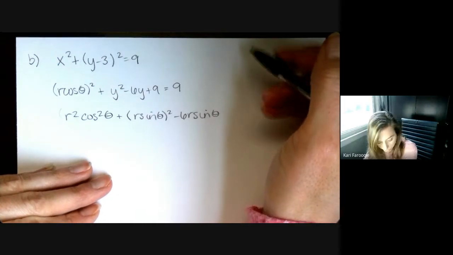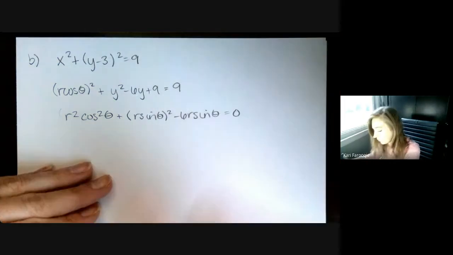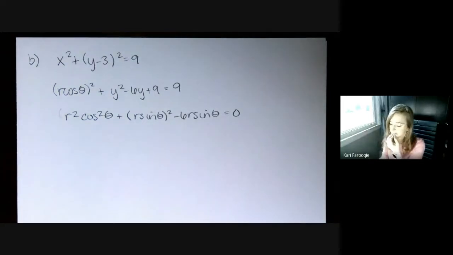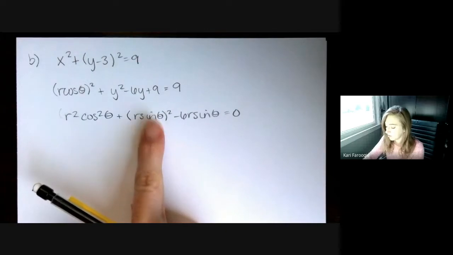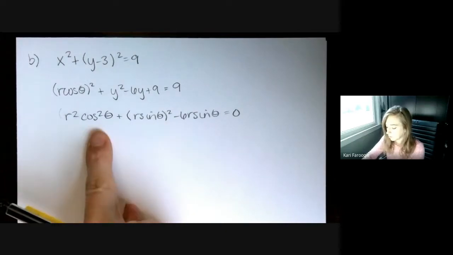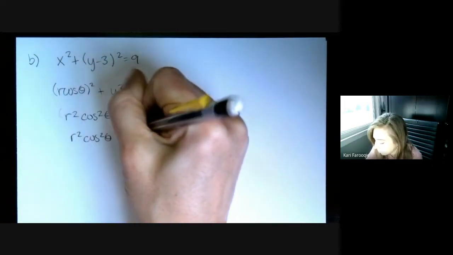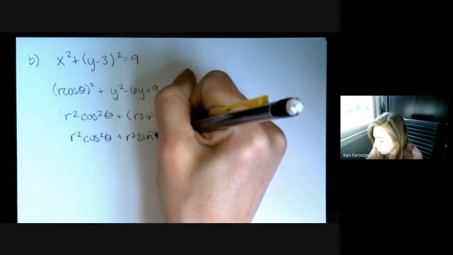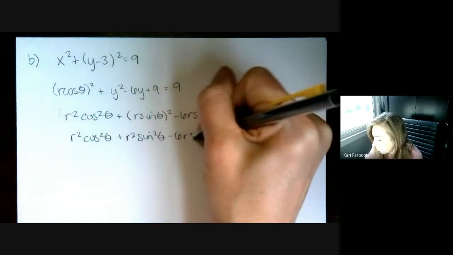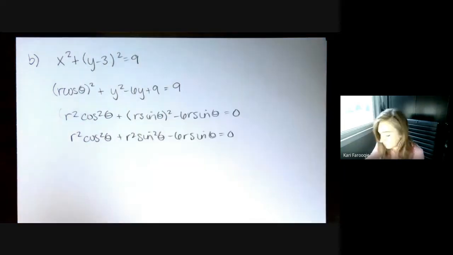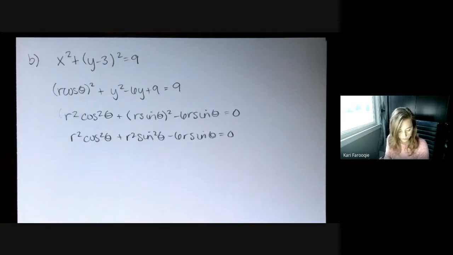You can just say that that's set equal to 0. We're going to do the same thing with this term that we did over here. So we'll say this is r squared cos squared theta plus r squared sine squared theta minus 6r sine theta is equal to 0.